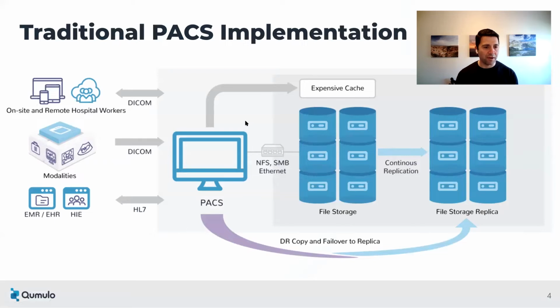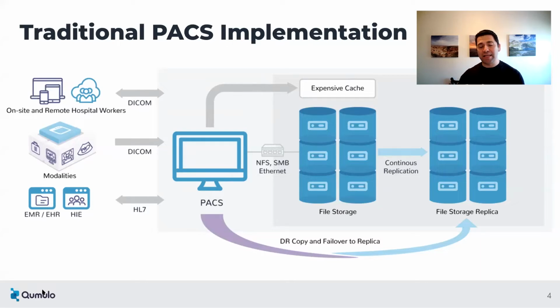So what we have here is what would have been a typical PACS implementation, kind of a code diagram of the modalities, the EMR, HR, and the folks who are accessing the data. They all access it via the PACS system, and then the PACS system is sending and reading data both to a cache that is generally pretty expensive, where the data would land and get read from initially.